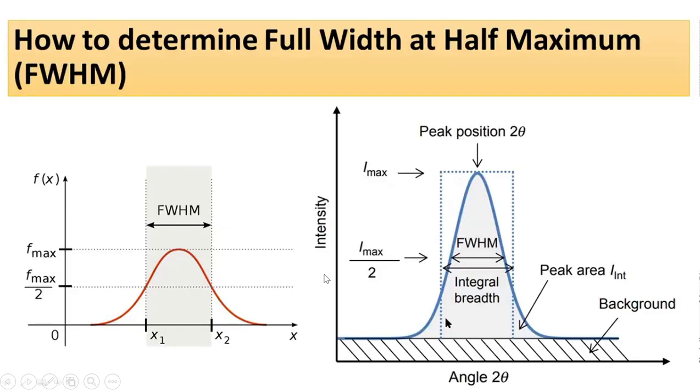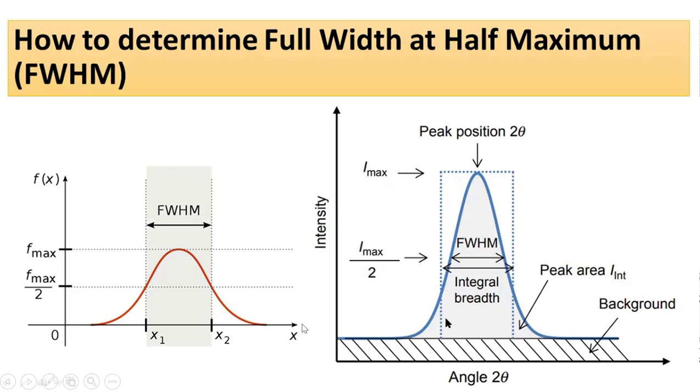So let's see how to determine the full width at half maximum. In the first example, the total intensity of the peak is considered as the maxima, that is F max, and half of F max is between x1 and x2. So the width at half maxima, that is from x1 to x2, is considered as the full width at half maxima.